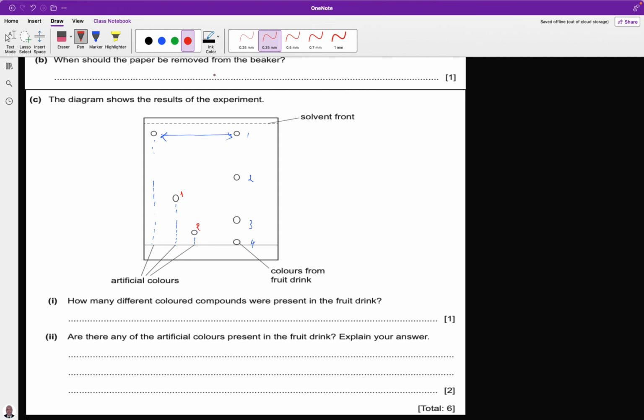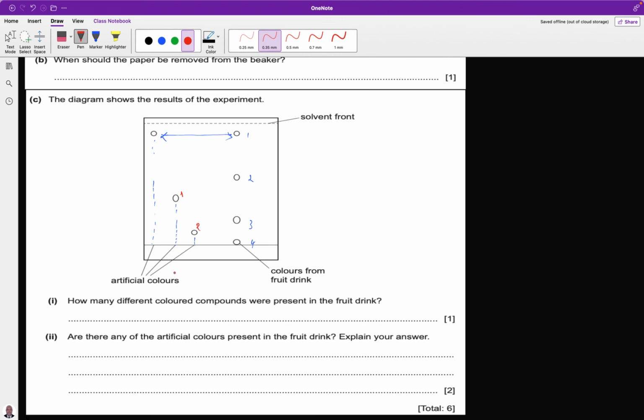Because if we calculate the distance that this one has traveled and the distance that this one has traveled, since they have traveled the same distance, they will have the same RF value. So we can say yes, because one of the colors has traveled up the same distance as that in the fruit drink. Or we can say yes, because one of the colors has the same RF value as another one in the fruit drink. That's simple.